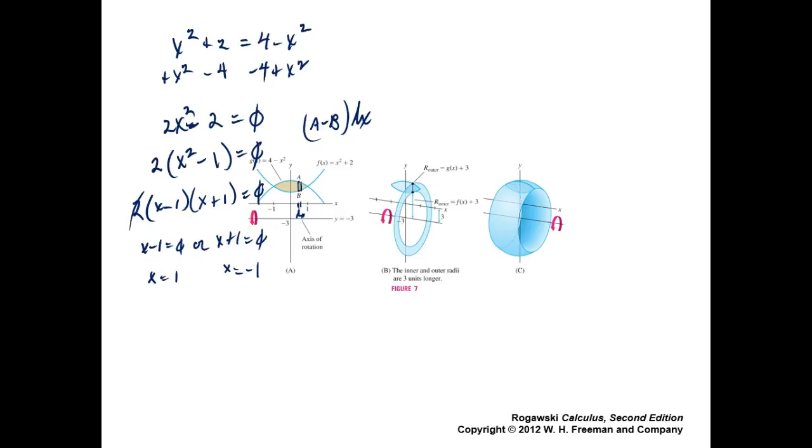So that would be the integral from, I'm going to do 0 to 1, and double it, of, and the a here is 4 minus x squared minus the b, which is x squared plus 2, so that would be minus x squared minus 2, right?